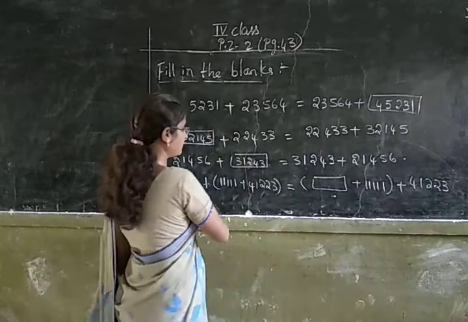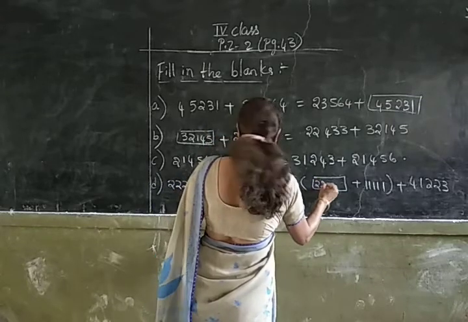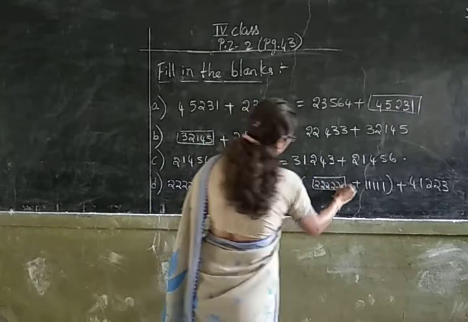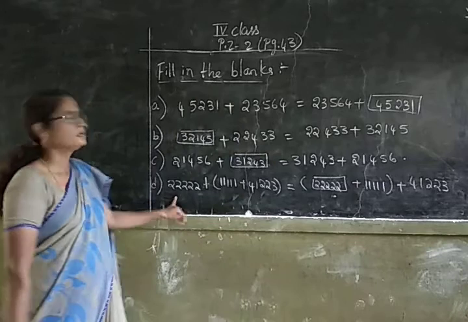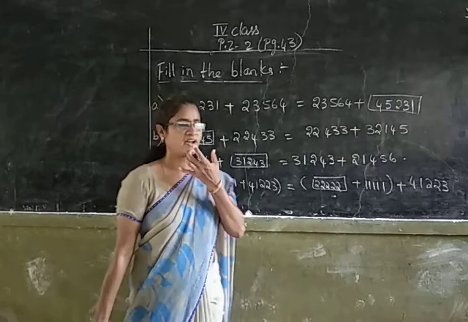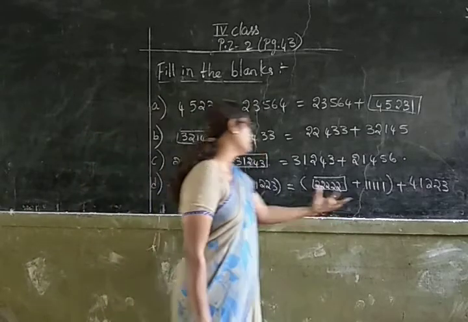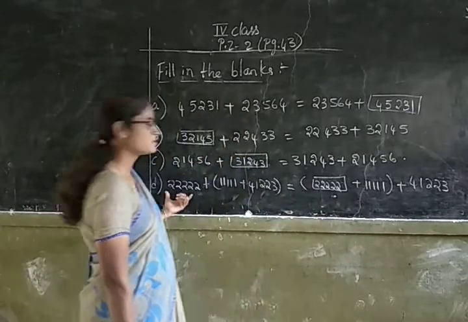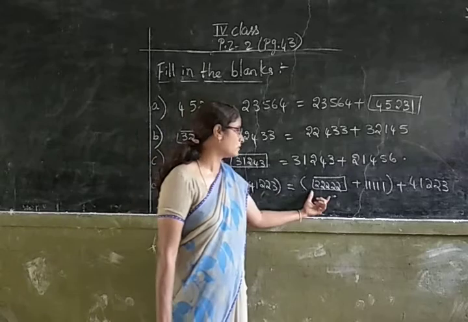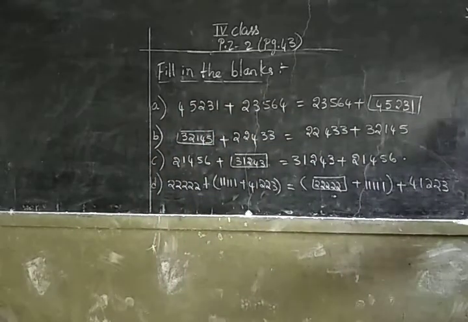Here, which number are we going to get? We are going to get 22,222. This is according to the associative property of addition. Here two numbers are grouped. Now here we have to group the remaining two numbers. So here the result is 22,222.